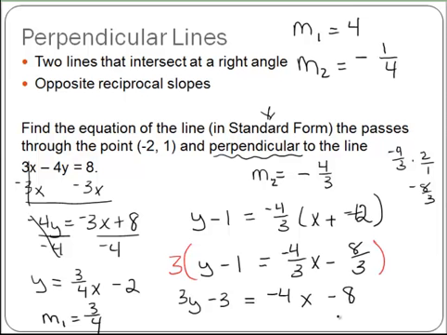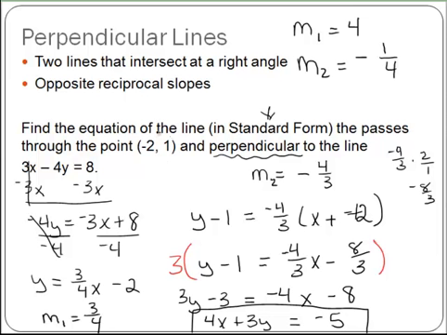Now I need to do a couple of things here and I'm running out of room. So what I'm going to do is add 4x to both sides and add 3 to both sides. So I end up with 4x plus 3y is equal to negative 5. This is the equation of the line in standard form that passes through the point (negative 2, 1) and is perpendicular to this line.